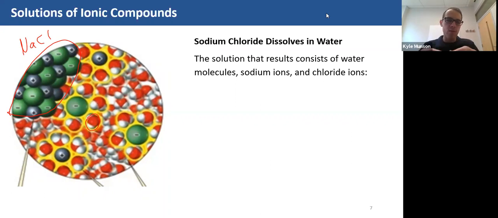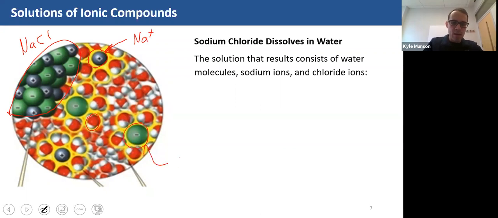So the water molecules are basically going to pluck off, for lack of a better word, or rip off chloride ions and sodium ions into solution. And that's what's being depicted here. So this is a sodium ion, and this is a chloride ion.